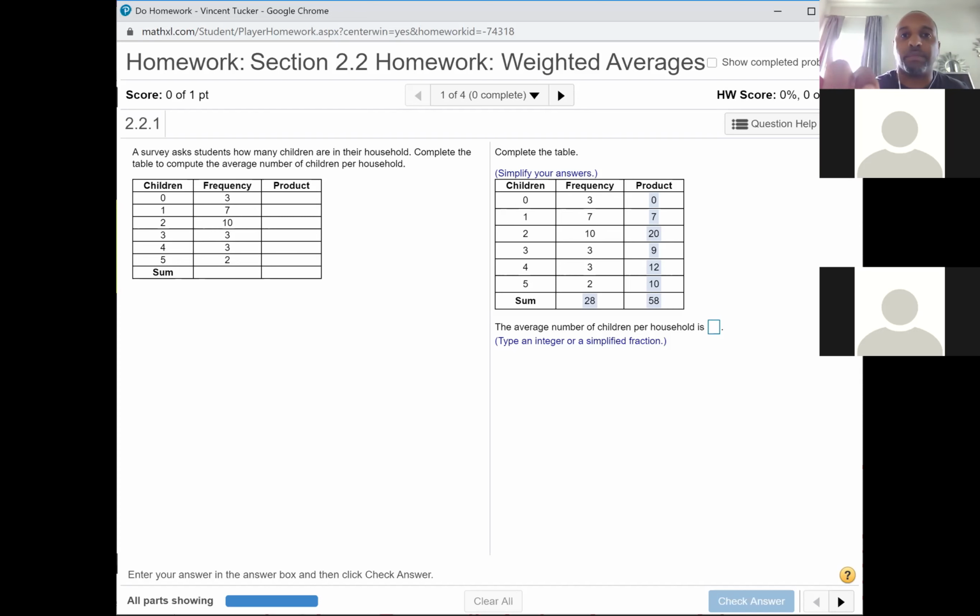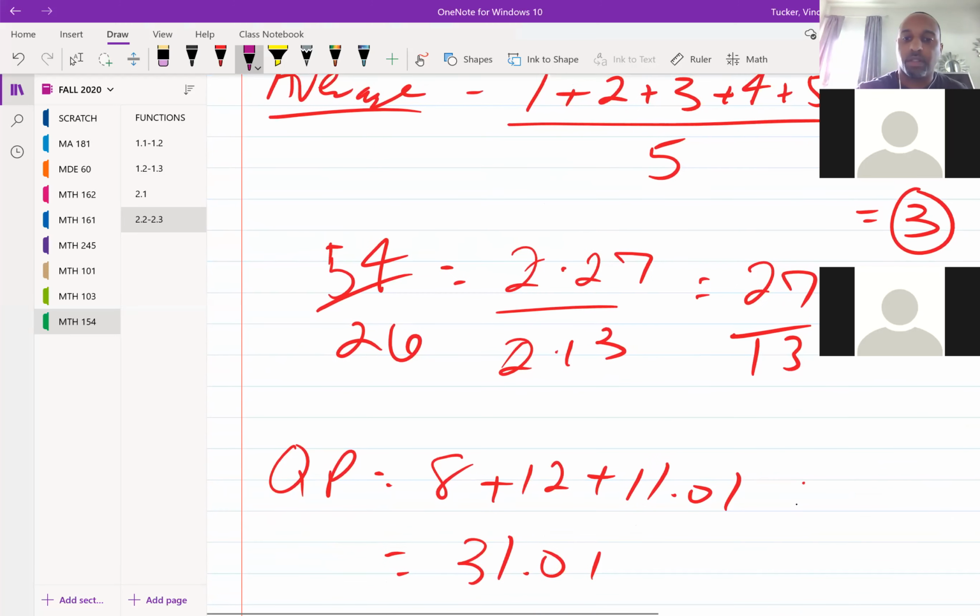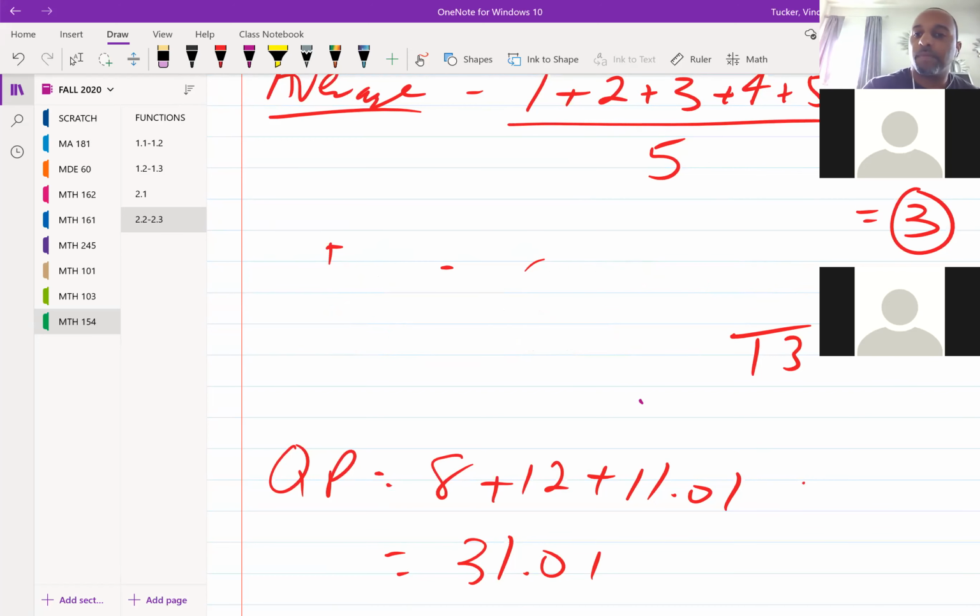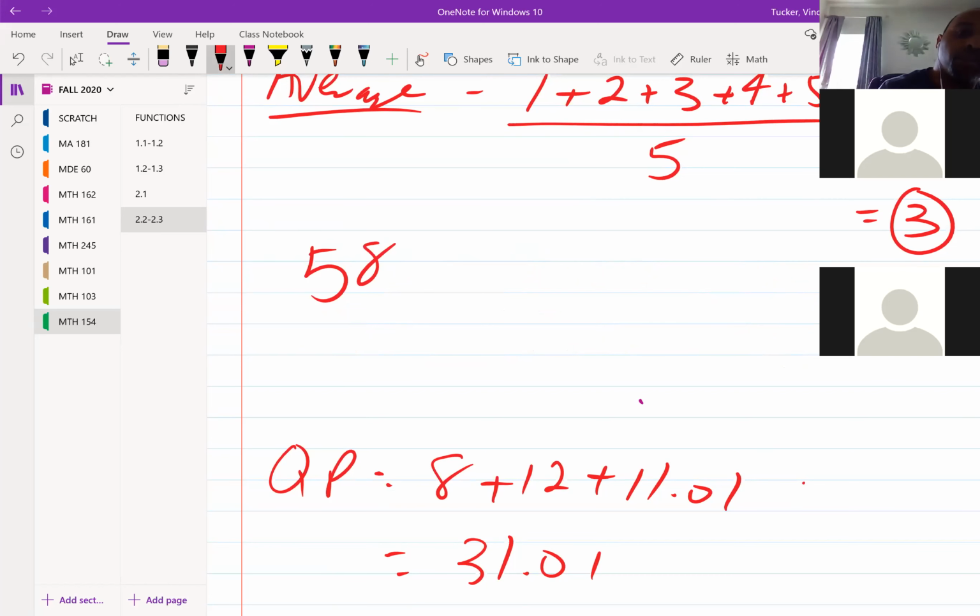So if I go back to my screen, you share. How's this not going down? All right, here we go. So I'll just erase this one. So that'd be 58 over 28.